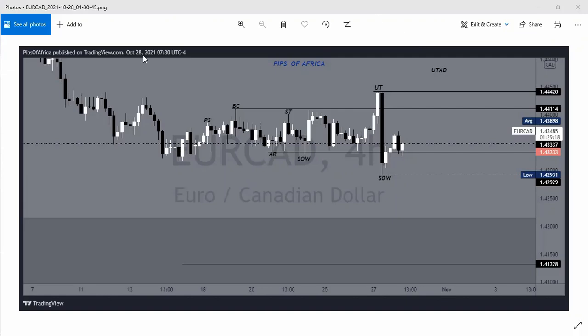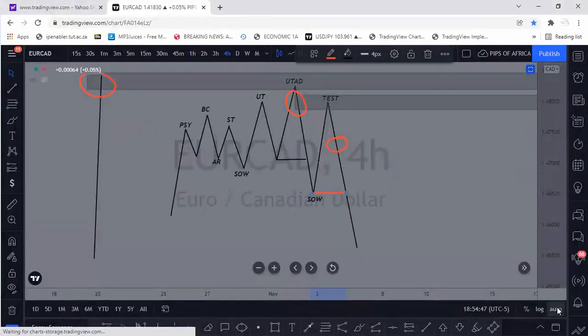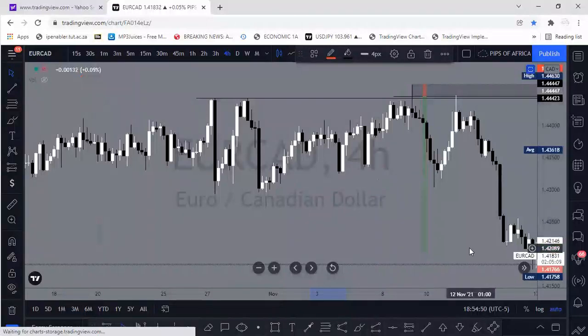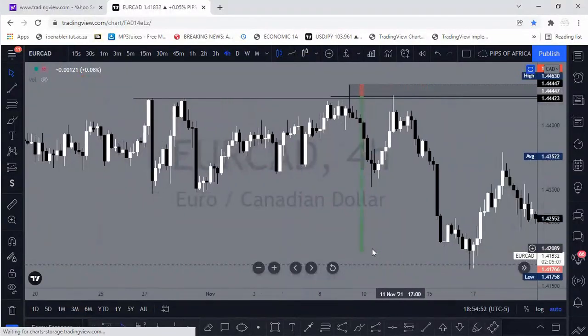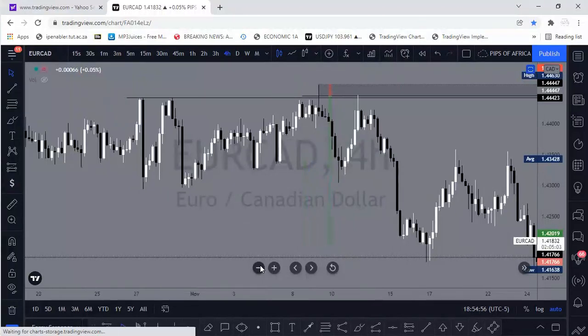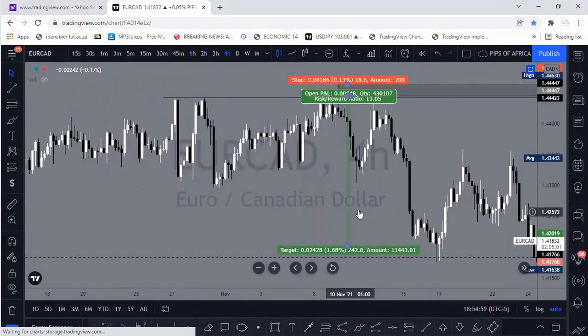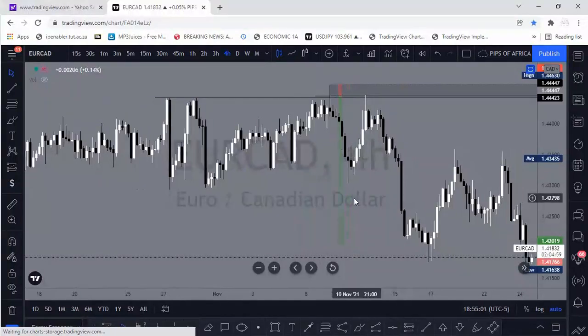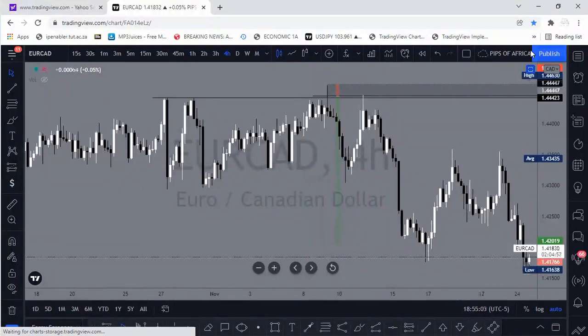You can see the date, 28 October 2021. This is not the replay mode. All right, so now let's get into the chart. Check this thing right here. Just want to show you something.